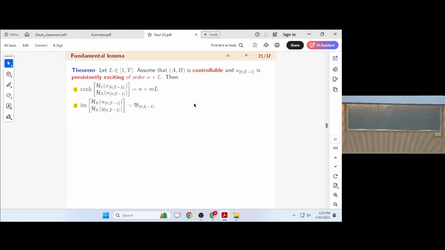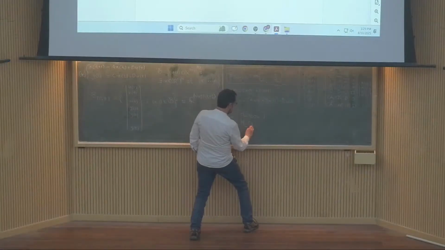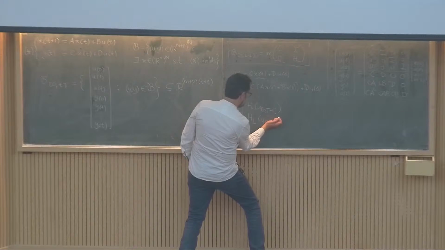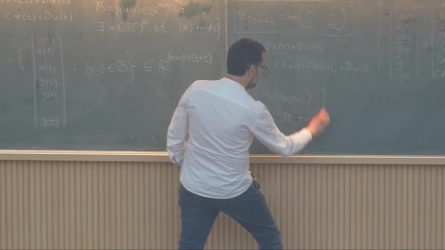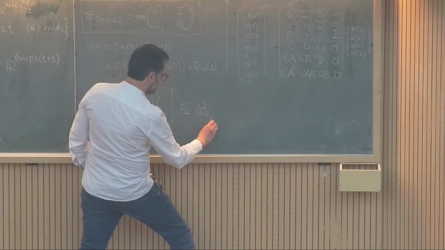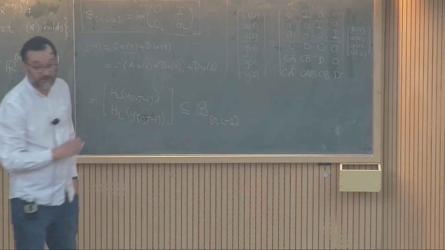Therefore, I already automatically know that the image of Hankel L U and Hankel L Y is in this restriction.